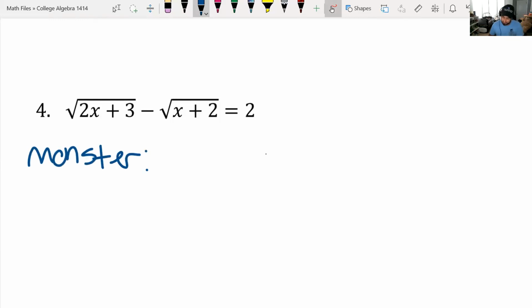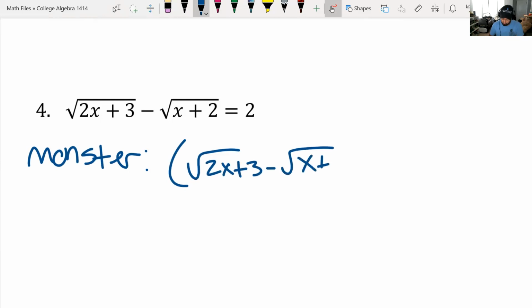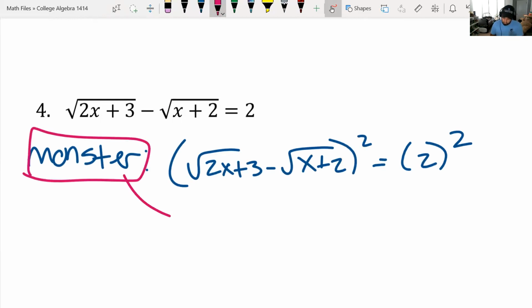Let's say you square both sides. What you have now just created is a monster, because since you square both sides, you now have 2 of these, which means you are going to have to FOIL them.